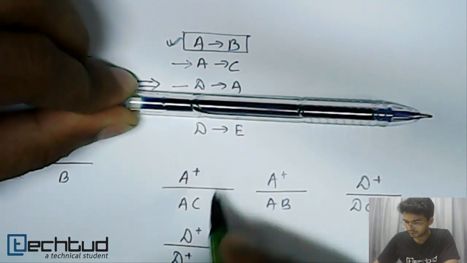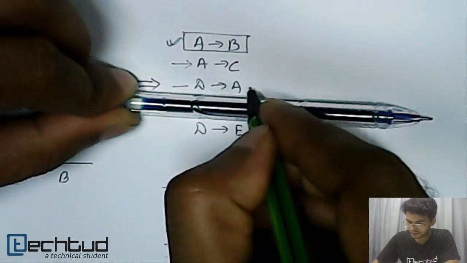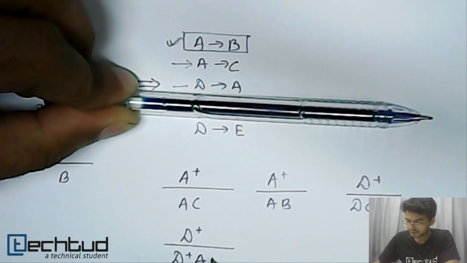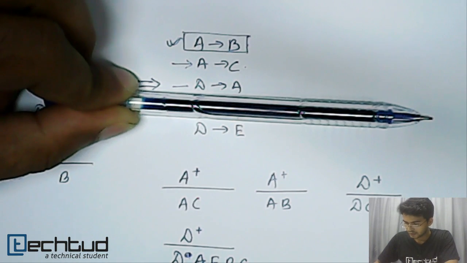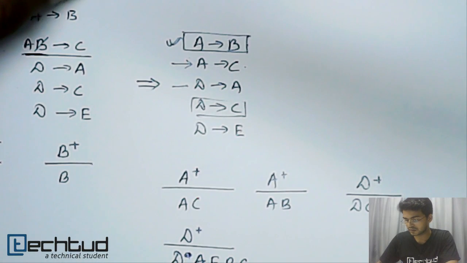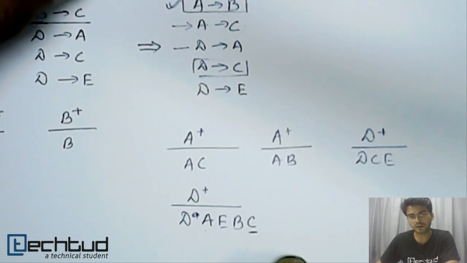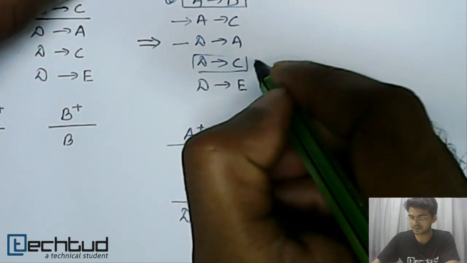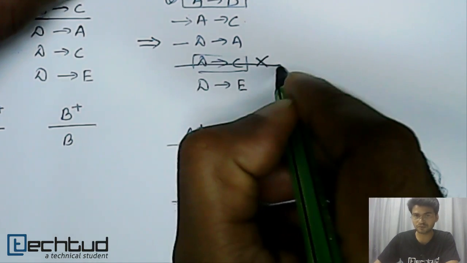Now from D we can find out A from this functional dependency, so it will be A. From this we can find out E. Now from A we can find out C here and B, so B and C. So without using this functional dependency we can find out C. It means this is a redundant functional dependency and we can remove it.